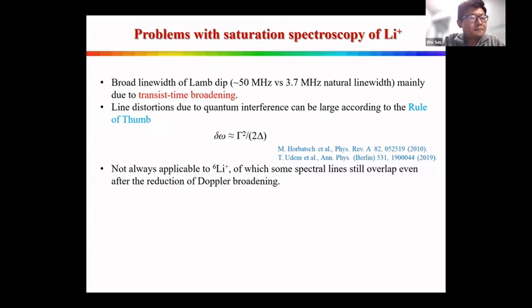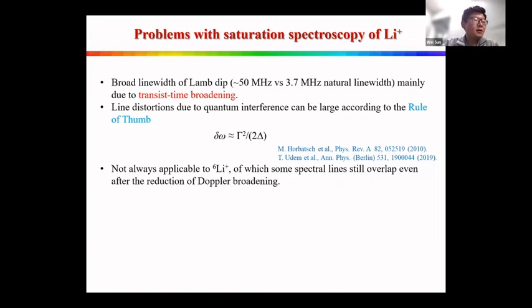And finally, the saturation spectroscopy method does not apply to lithium-6 as well as to lithium-7, because lithium-6 has smaller hyperfine splittings and some of its spectral lines overlap even after the reduction of Doppler broadening.